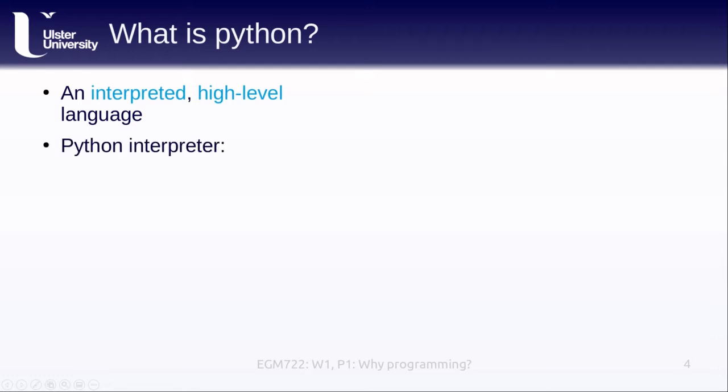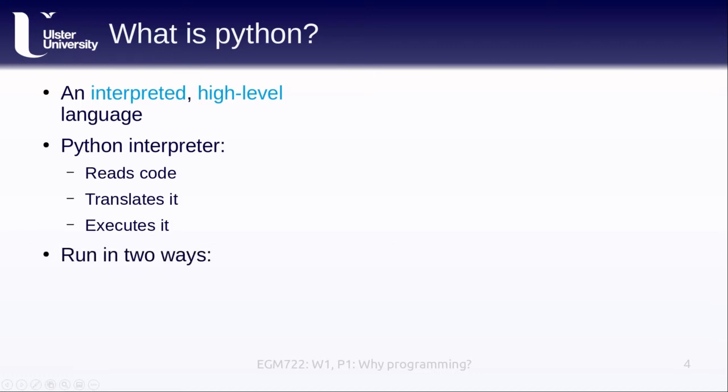It is interpreted in that the computer actually has to take the code, translate it into something that the computer can then read before it runs it. So that program that does that is known as the Python interpreter. So the interpreter, again, reads the code, translates it into something that the machine can read and use, and then executes the code or runs it.